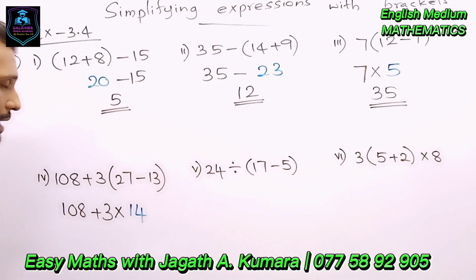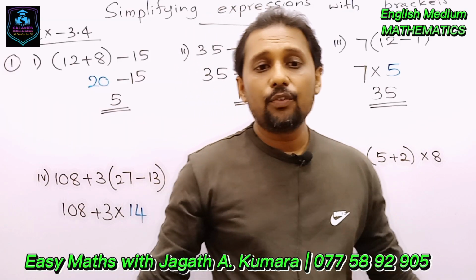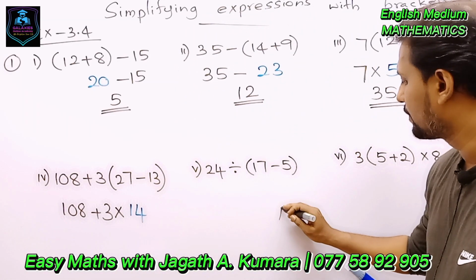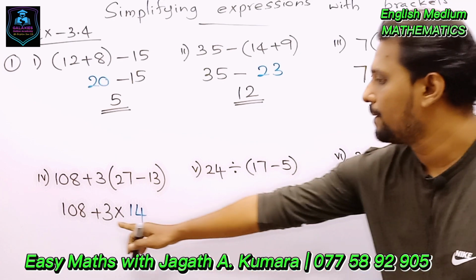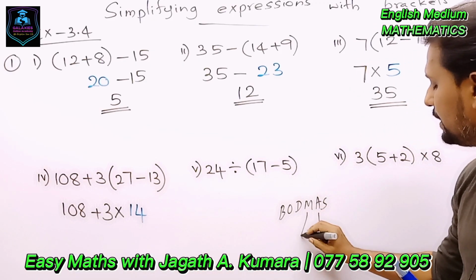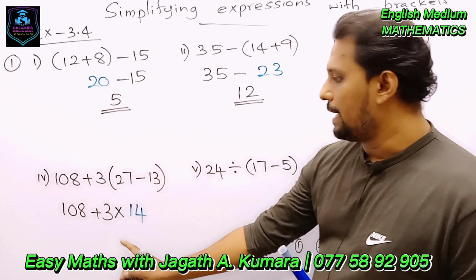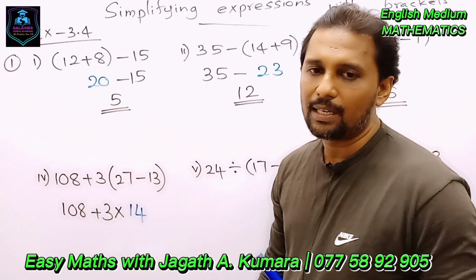Now you can see there are two mathematical operations, addition and multiplication. Then we have to follow the BODMAS rule. According to the BODMAS rule, addition means this one, multiplication here. So first you have to do the multiplication part. That means 3 and 14 you have to multiply.